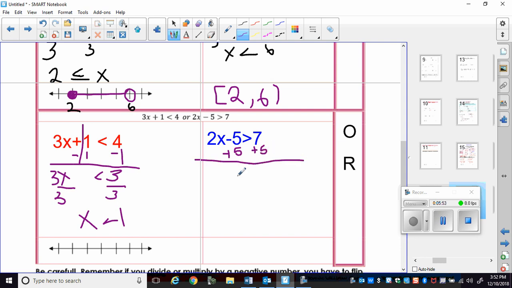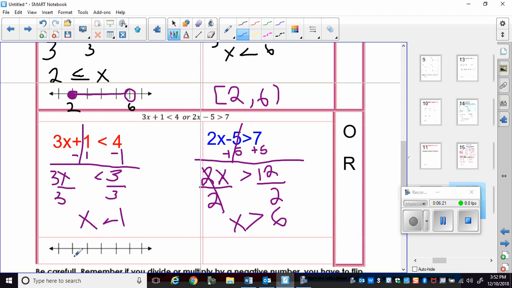I get 2x comes down, this goes away, greater than 12. I want to solve for x, so I divide both sides by 2. The 2's cancel, and x is greater than 6.